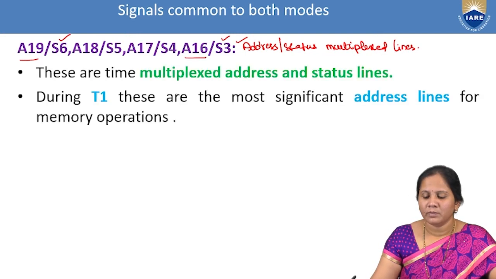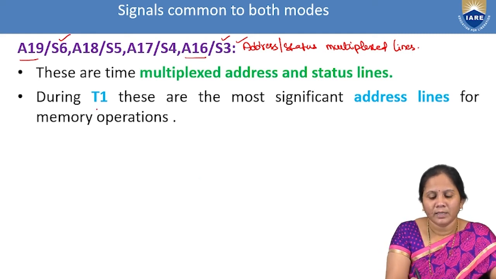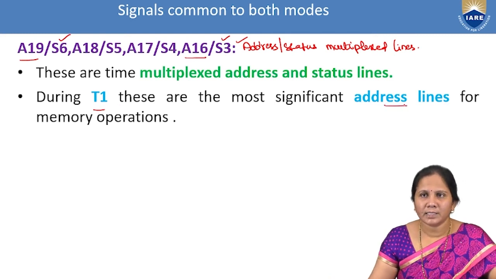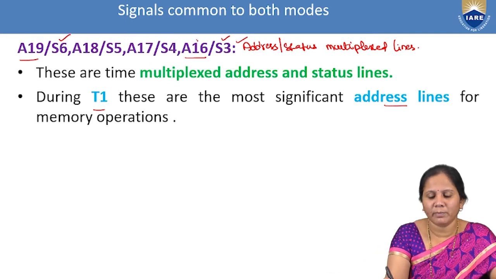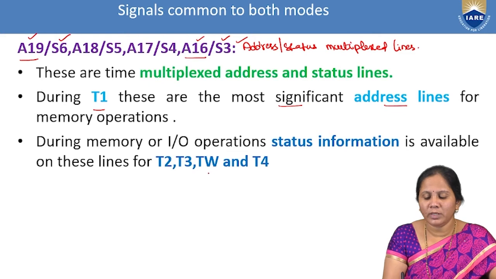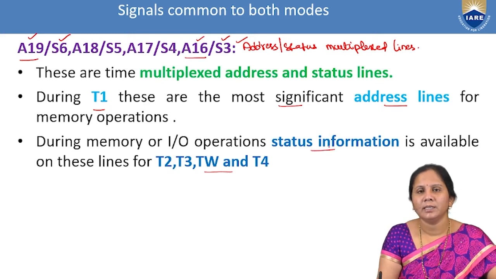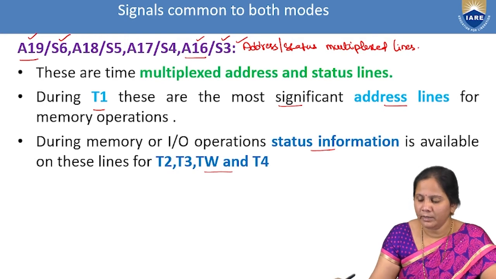Same as the address data multiplexed lines, during the T1 cycle they will be acting as address lines. Especially here the address lines are A16 to A19, so they will be acting as the most significant address lines. During the remaining bus cycle states, they will be acting as the status lines, which carry the status information.